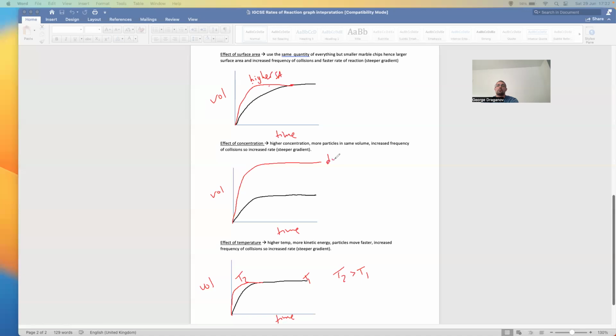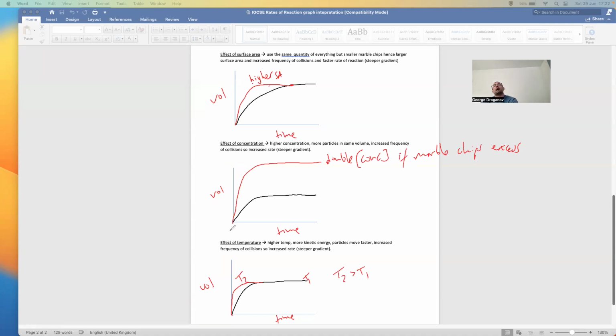So this is double the concentration, if marble chips are in excess, because the acid was what was limiting the reaction. So if you double the acid concentration, you're no longer limiting the reaction. So you roughly double this distance.